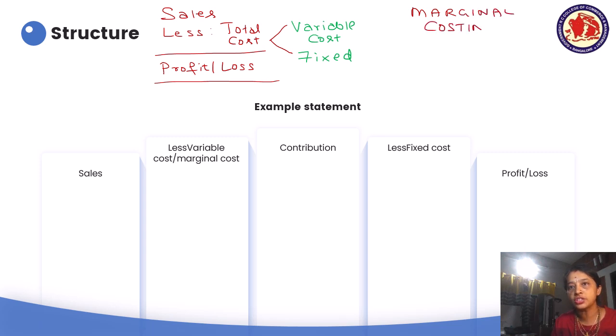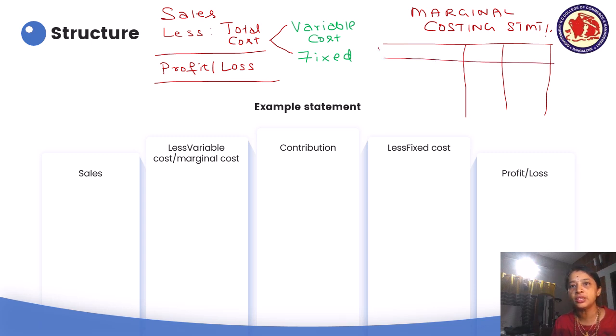Marginal costing statement. This is the format I will be writing. You normally give two columns if the number of units is known. This will be the particulars column.